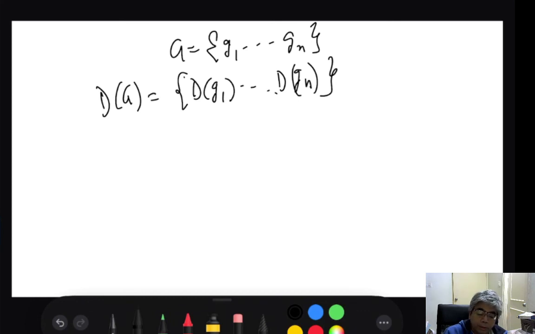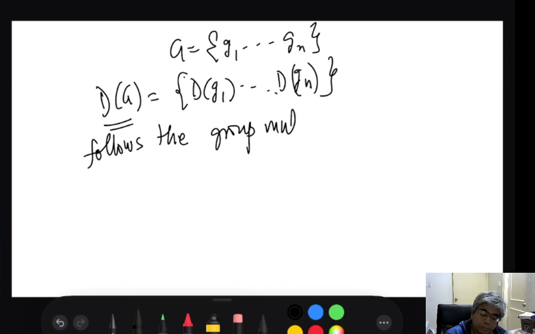The representations follow the group multiplication law plus most of the other defining properties of the group.